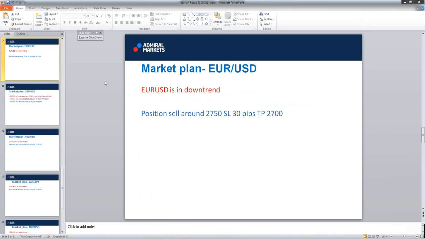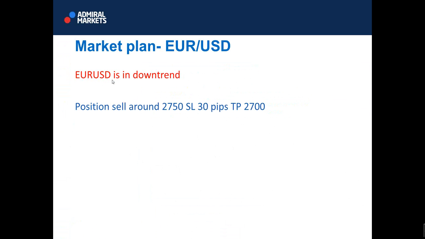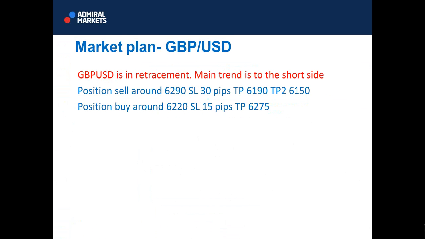Of course, euro dollar, 27.50, 30 pip stop loss 27.00. GBP dollar, and as I said, this is better to trade, or eventually, if you know what your scalping levels are, you can try to take 62.75 again. So for scalp trades, 62.75 is the level.